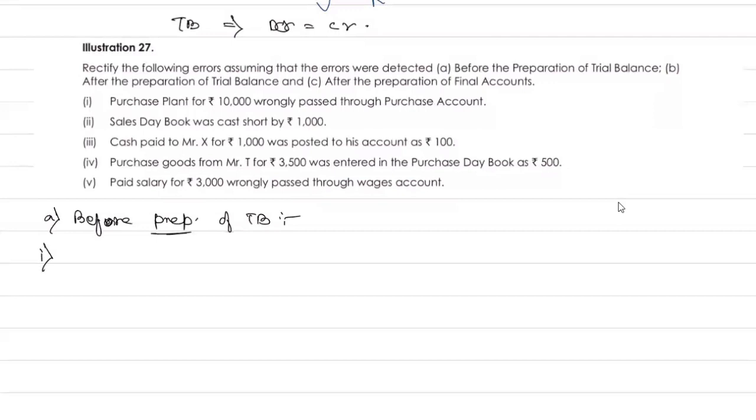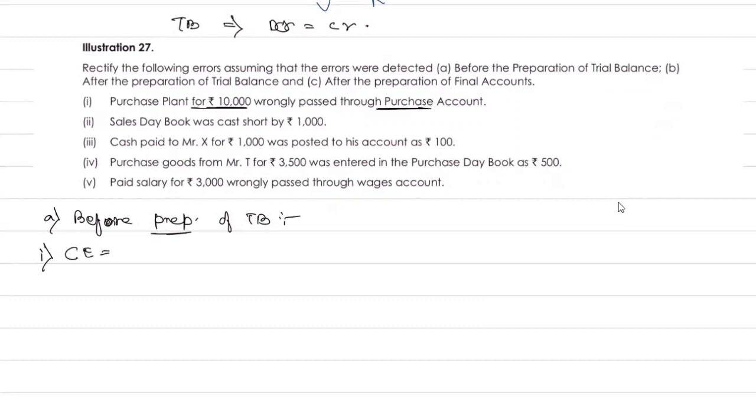So we know before preparation of trial balance, what has to be done? Wrong entry, correct entry, and rectified entry. Correct. They're saying purchase of plant of 10,000 was wrongly passed through the purchase account. So what should be the correct entry?